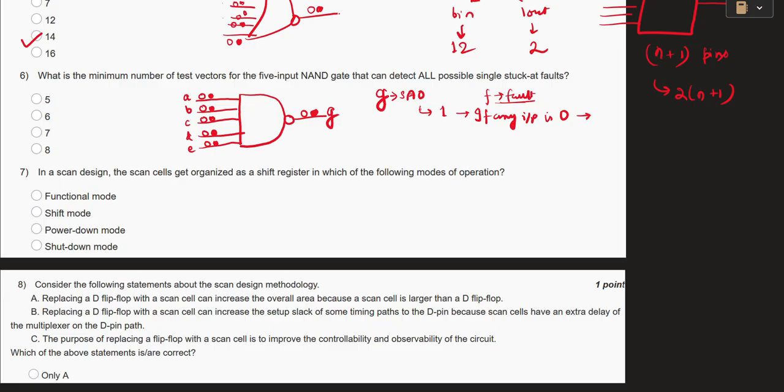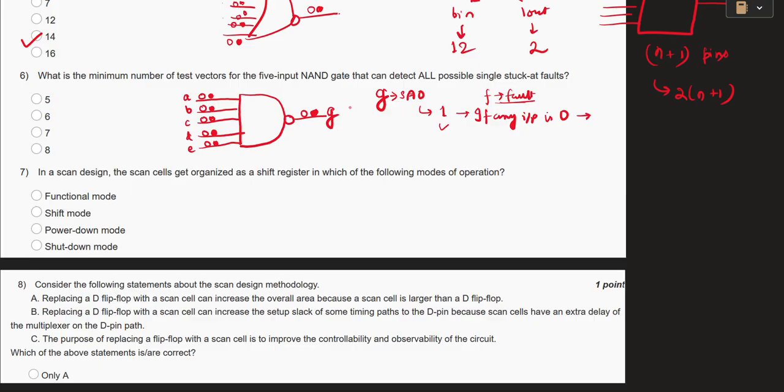Understood? So if any of the inputs is 0, we are able to detect whether this output line is stuck at 0 or not, because we will be able to drive 1 here. That will be opposite to what the stuck-at-0 fault is giving.